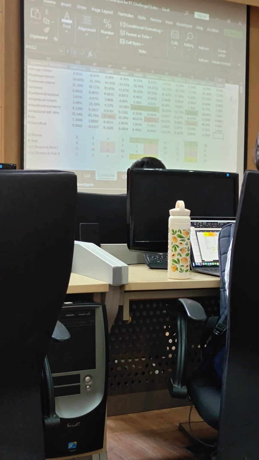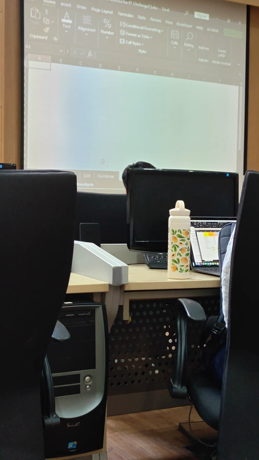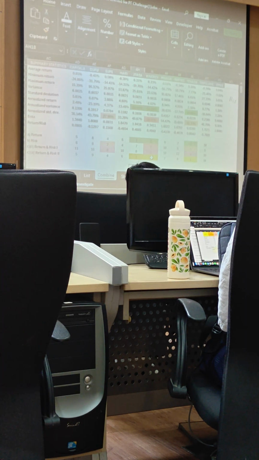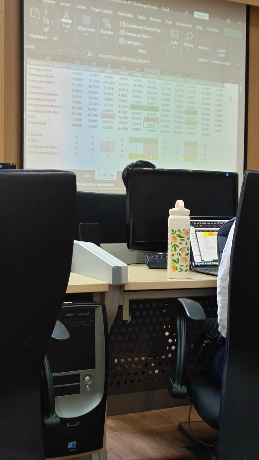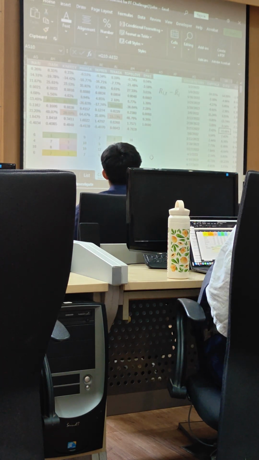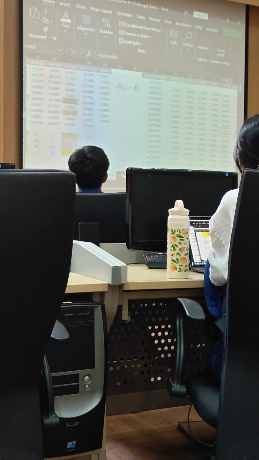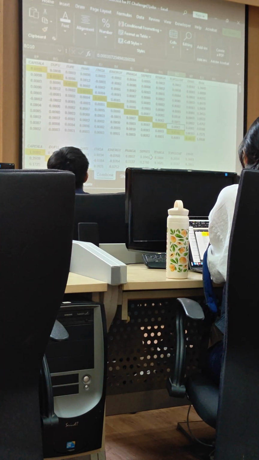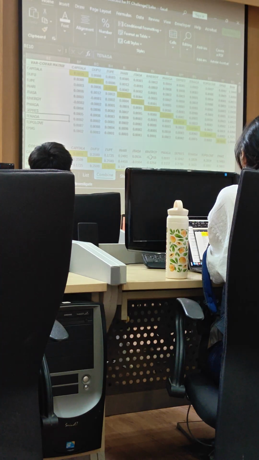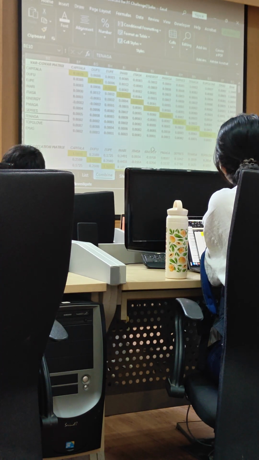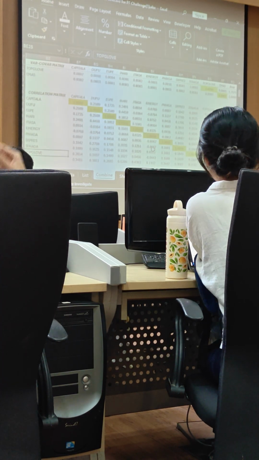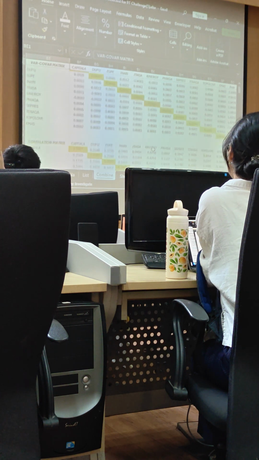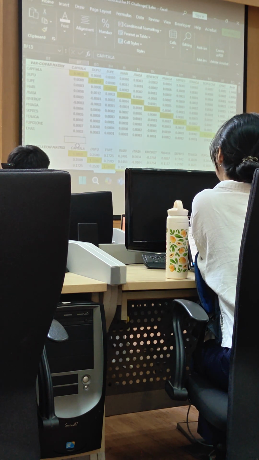Okay, now weight. Okay, so let's go into save. Ada aja variance covariance. Kan? Betul dalam buku ada dengan variance covariance dan correlation. So there is another way to calculate variance covariance.